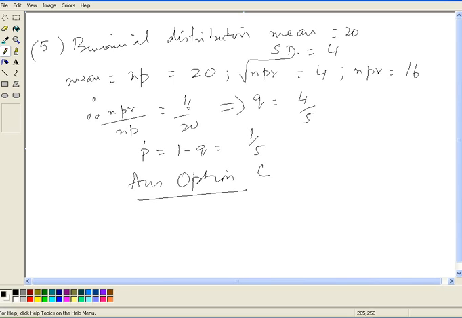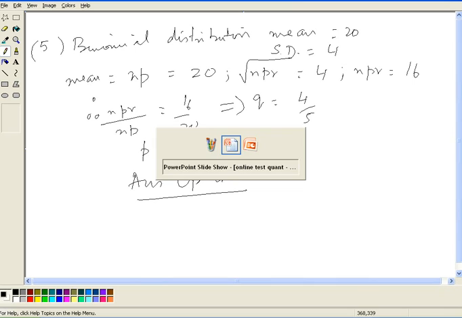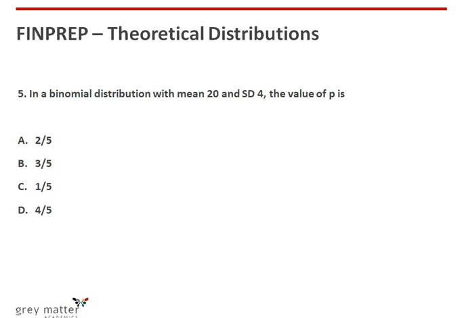So using those two formulas, we get q is equal to 4 by 5, or p will be equal to 1 minus q, which is 1 by 5. So the answer is option C. Going back to our PowerPoint presentation, it is option C, which says it is 1 by 5.